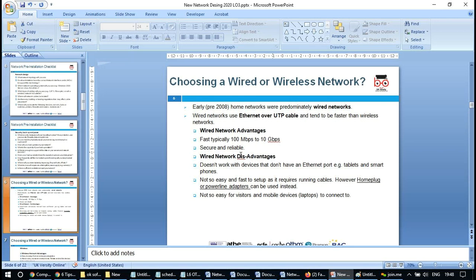Wired networks can support up to 100 Mbps or 10 Gbps. They are secure and reliable, in the sense that if they are physically secure, then no one can steal from wireless signals, isn't it?